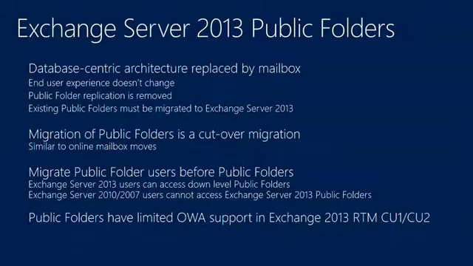And they get to about 90 to 95% of the data migrated over, and then they'll suspend themselves. They suspend themselves because they're waiting for the admin to take action at that point, and that is to lock the legacy public folders. After they do that, then the rest of the data comes over, and then they can unlock the modern public folders, and users are back in.